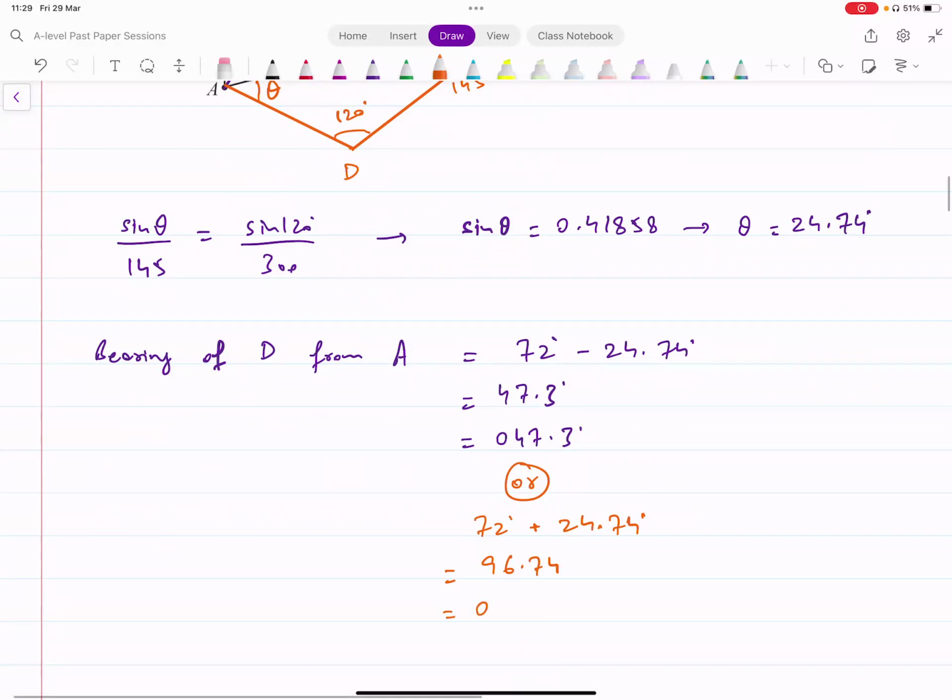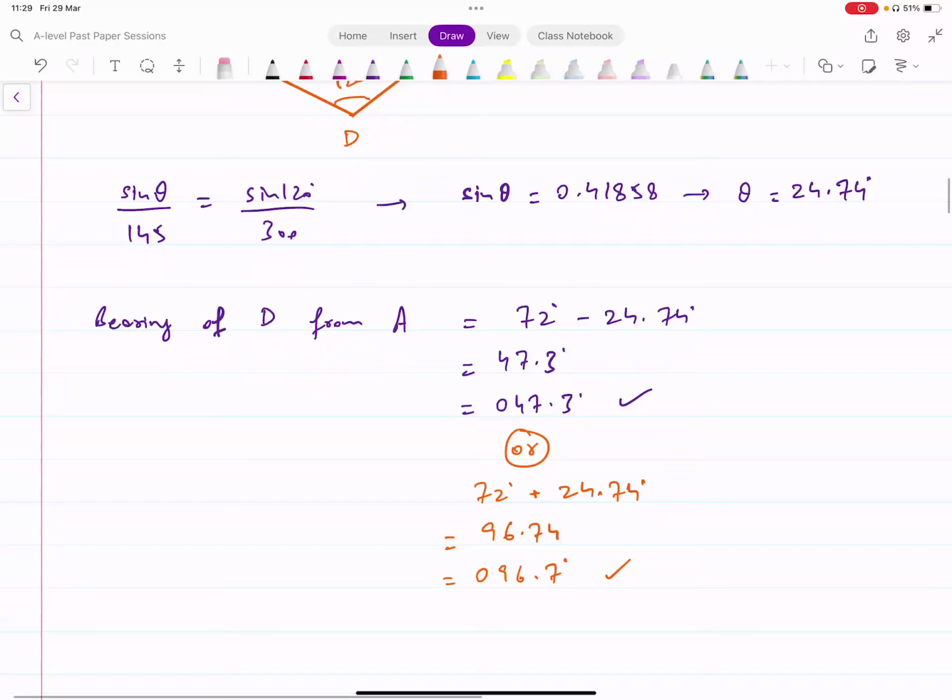Again, since we're talking about bearings, we should write it as 096.74. Or we can say 096.7, because values in decimals we generally write correct to 1 decimal place. These are the two possible bearings that we're getting, 047.3 degrees or 096.7 degrees. All right, and that's our final list.